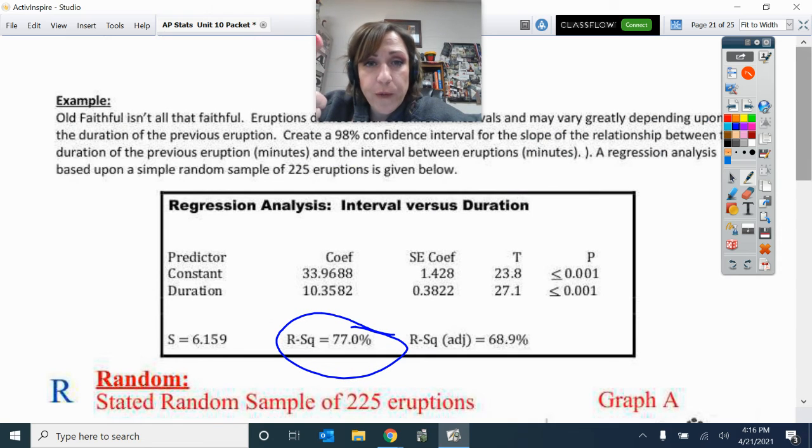All right, so LINE. We did R for random, L for linearity, I for independent. N and E are the next two. N, normal probability plot. I need to say something about the residuals being approximately normally distributed.